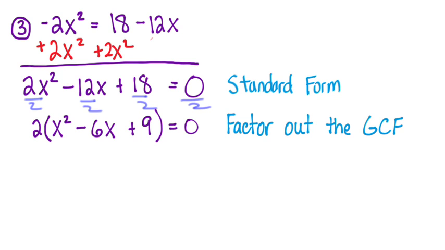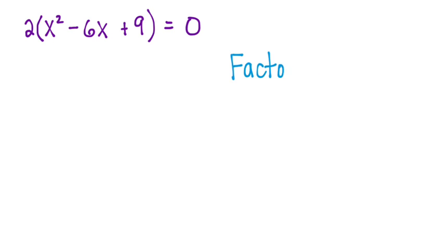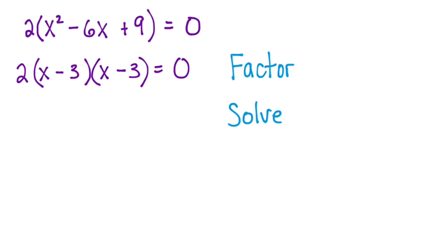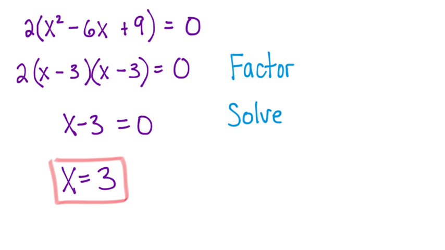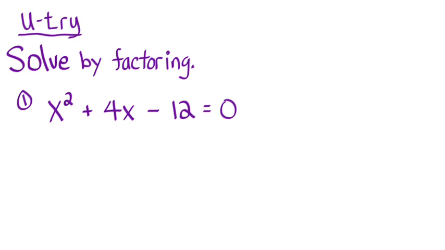And now I need to either use Xbox or just see that it is a perfect trinomial. And now on this one, I see that x equals 3. So we're still looking at that one time it touches the x-intercept, which is 3, which is the vertex. Go ahead and try here, solve by factoring.